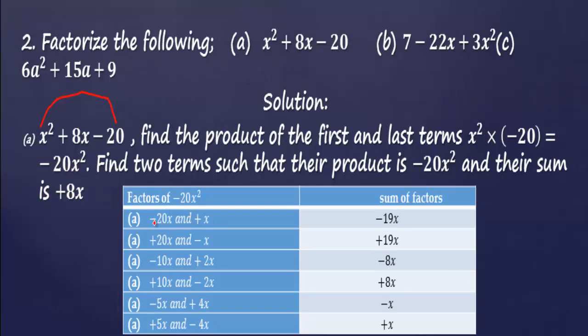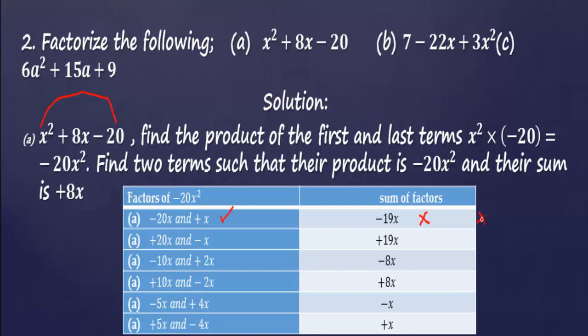When you multiply minus 20x and plus x, you are going to get minus 20x squared, which is correct. But when you add minus 20x and plus x together, you will get minus 19x, which is not equal to plus 8x. That means this one is wrong, so we cannot pick this one.